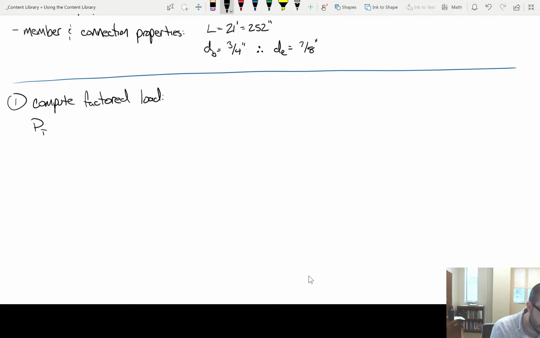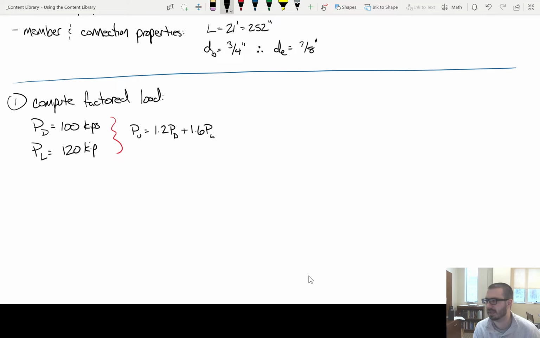We were given a dead load of 100 kips and a live load of 120 kips. So we have our 2 load combinations, the 1.4 dead and the 1.2 dead plus 1.6 live. But I think we can look at this and know that the 1.2 dead plus 1.6 live is obviously going to govern.